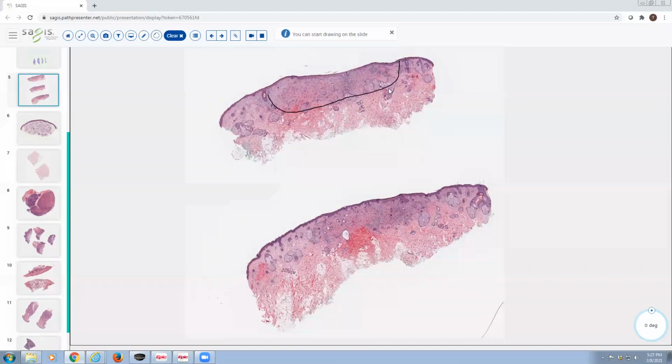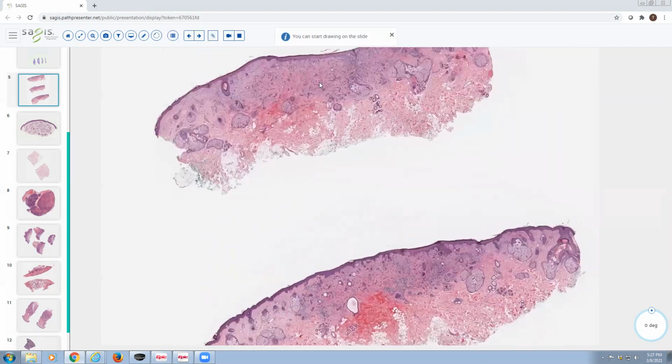So notice that this is a superficially situated neoplasm that is circumscribed. It does not extend deep into the dermis. In fact, it really appears to be limited to the papillary dermis and maybe a little going into the reticular dermis, but not into the subcutis.